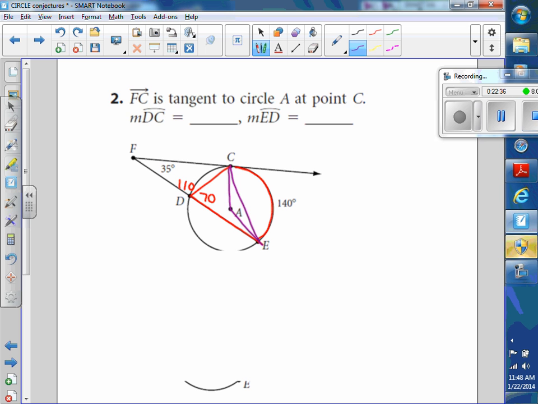So this is 70 in here, 140 in here, right? And that means the other two must be isosceles. So they're both 20. Wait, I don't see that. 20 right here. Oh, wait. This is a central angle, so that arc and this angle are the same. 20 here. Keep going, Abby.